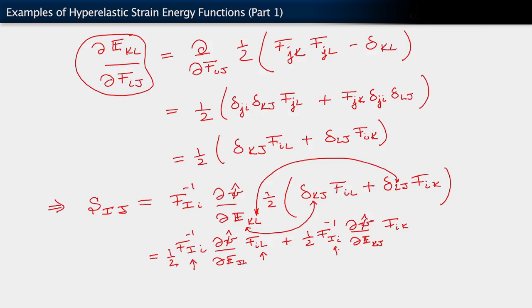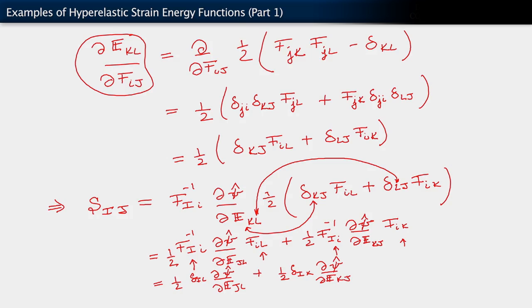All right? Okay, and now we see that very conveniently in both cases we have an F inverse F, and likewise here we have an F inverse F. So what happens there is that we just get two more Kronecker deltas. So out of this term we get delta IL partial of psi hat with respect to E JL plus, for the second term, 1/2 delta IK partial of psi hat with respect to E Kj.